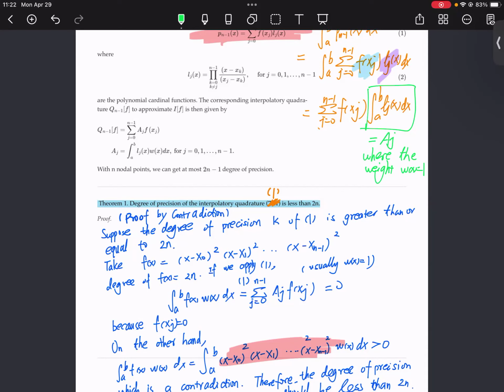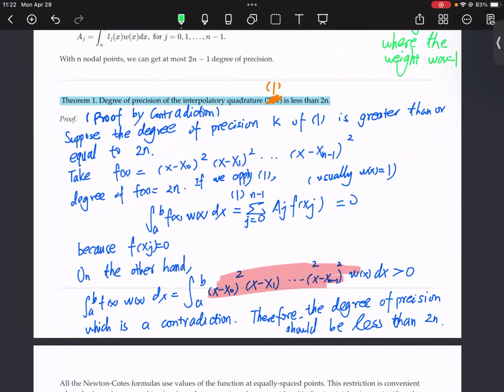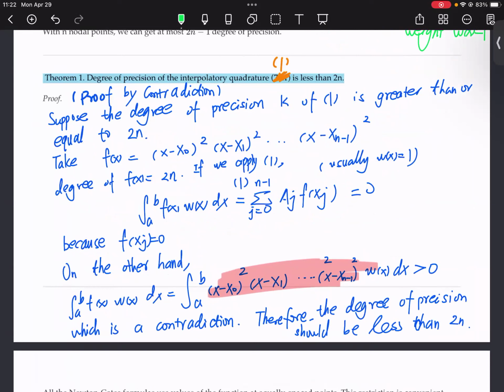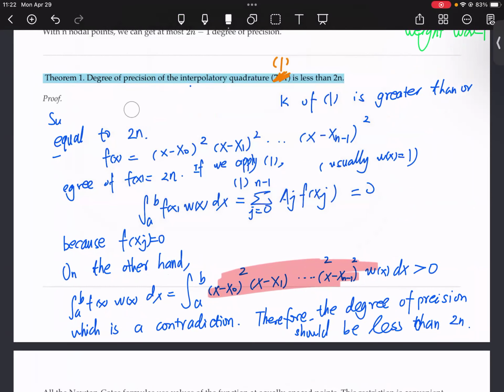So first, let us prove this. The highest degree of accuracy we can achieve is 2n minus 1, and this is the theorem we have here. First of all, this is the whole proof. If you think this is easy to memorize and you want it on the exam, you can tell me, and it could be one of the questions on the exam.